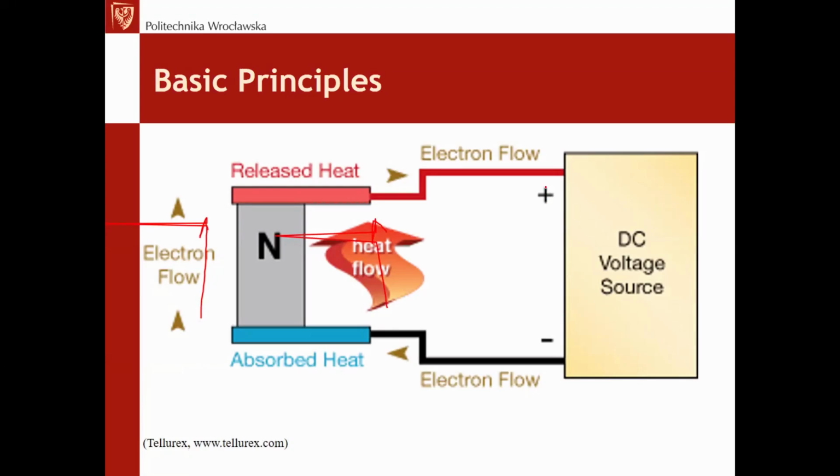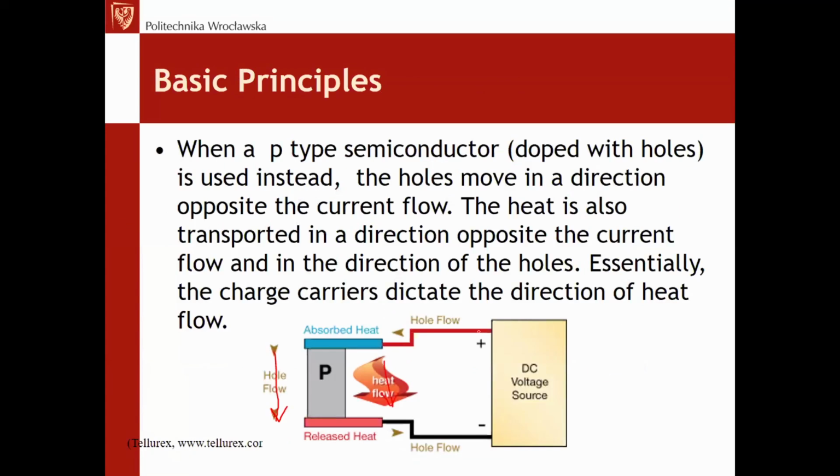Take a look, here we have a plus and minus, which is the polarization of the DC source, and the heat flow is from minus to plus in the same direction. Here from plus to minus as well, there is plus top, minus bottom, but the heat flow in the p-doped part is from plus to minus, from this connector to this conductor.